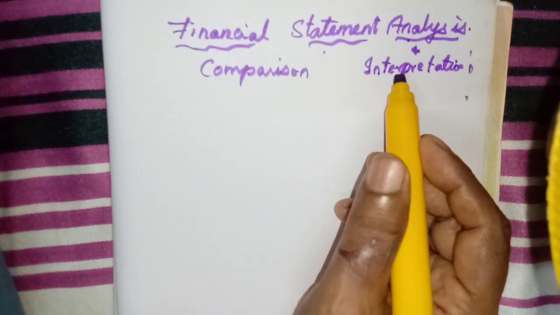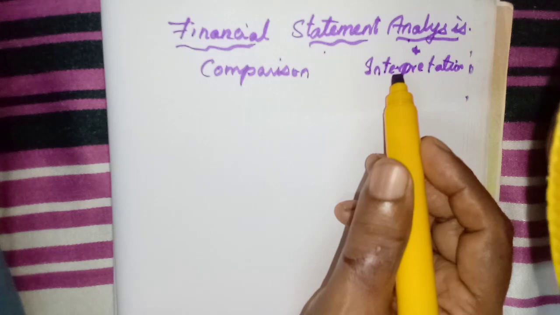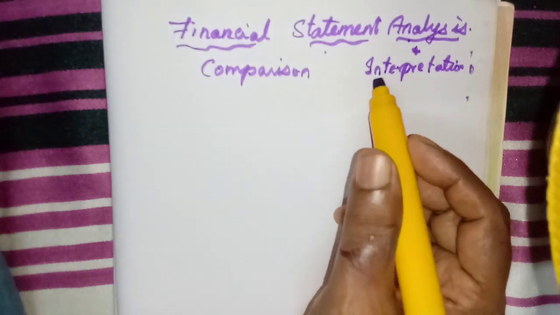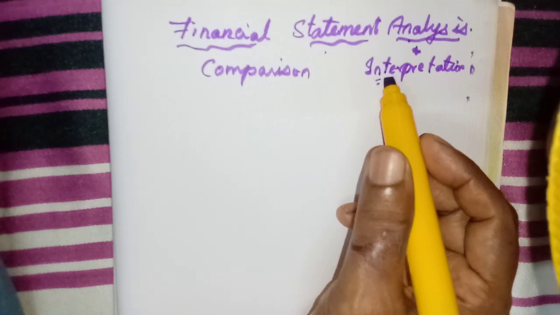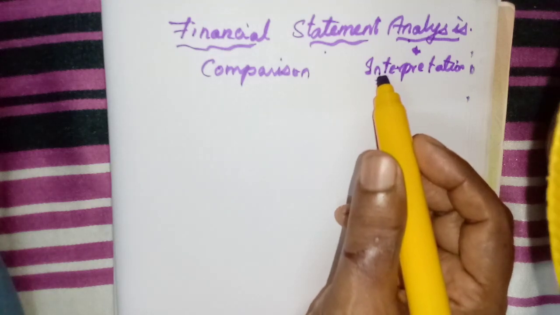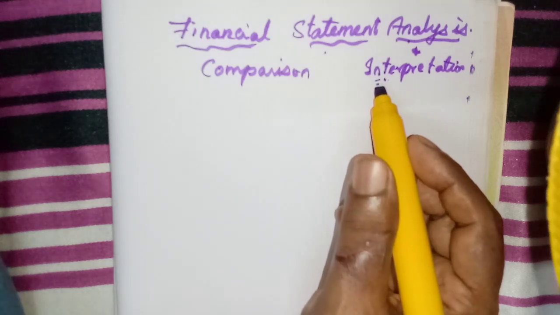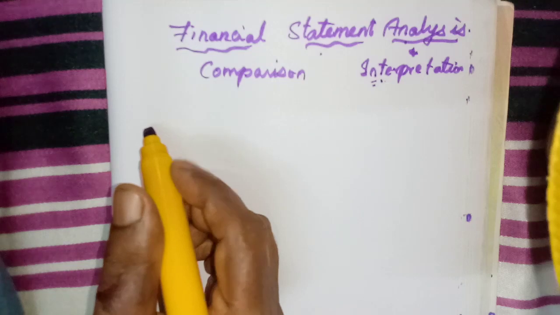So first they will compare or analyze the financial statements in many ways. Once they have done the analysis, and whether any deviation is there, what is the reason for less profit or more profit, whatever it is, they will write the explanation for the reason of increase or decrease. That is called interpretation.